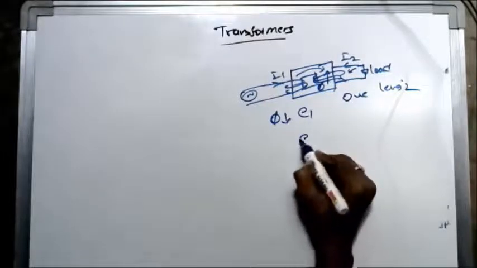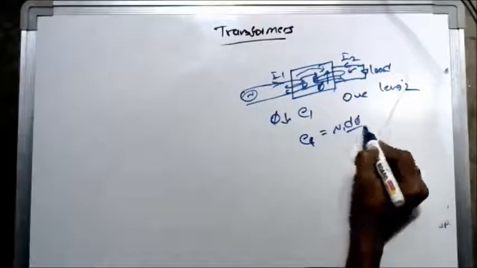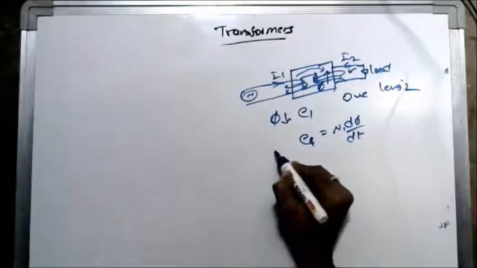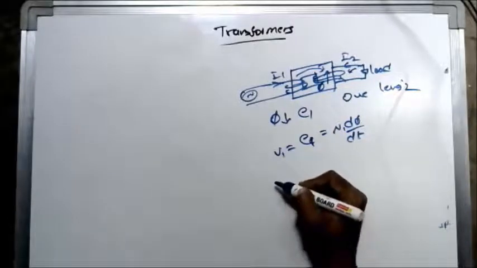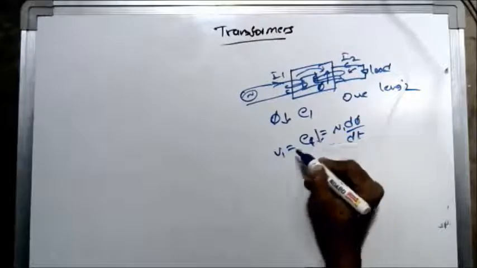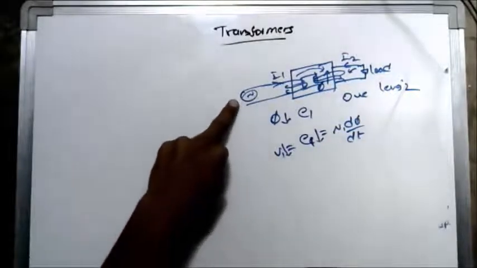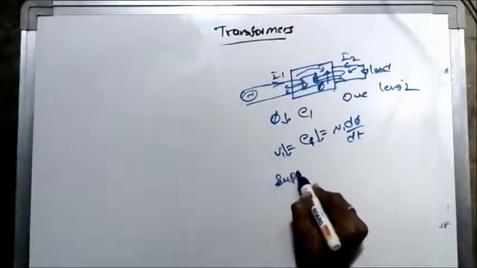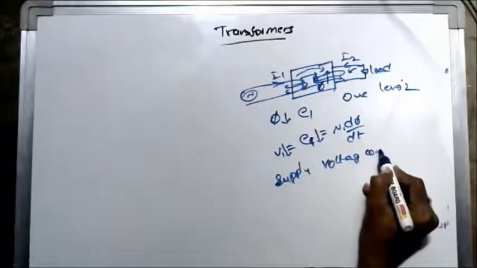See here, E1 is equal to N1 into d phi by dt, and this is equal to V1. If E1 reduces, V1 also must reduce, but the supply voltage is constant.